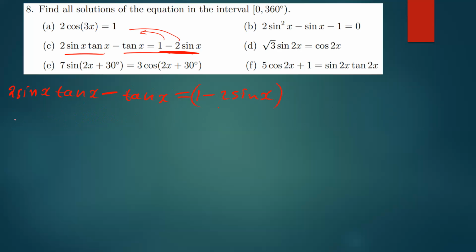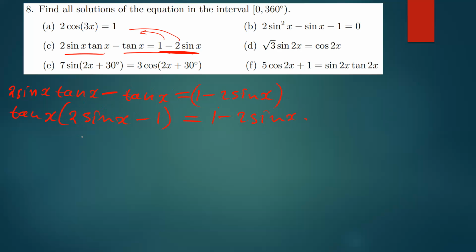So when we factorize tan x this side, we're going to have 2 sine x in brackets and then minus 1. Then this will be equal to 1 minus 2 sine x.